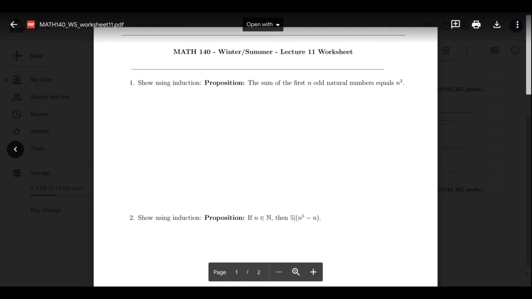No, that's just for n, right? This is for n. So you need to change n plus 1 to be n. P of n is true implies there is an m in the integers such that n raised to the 5 minus n equals 5m. That's not n plus 1, because you need to show n plus 1.